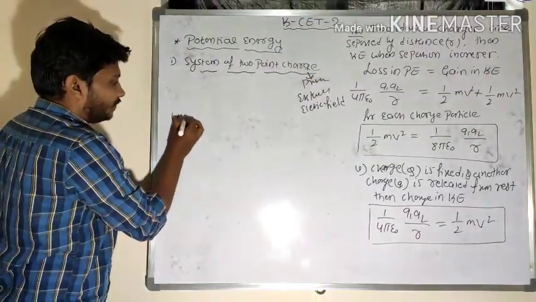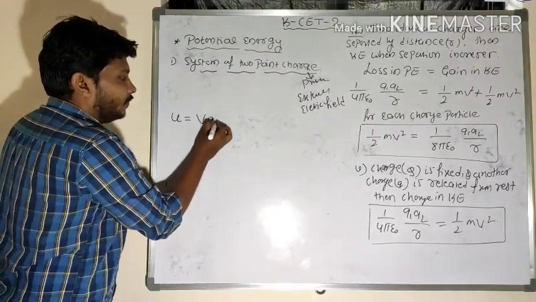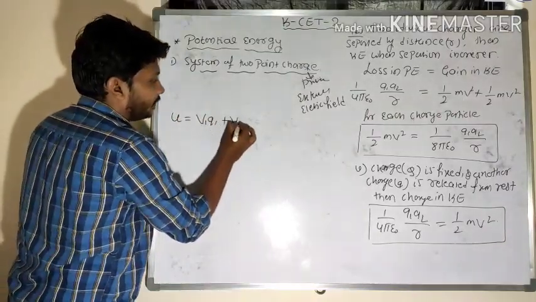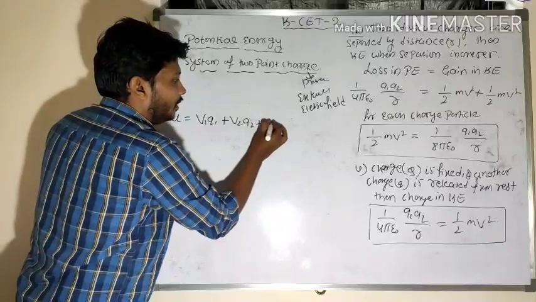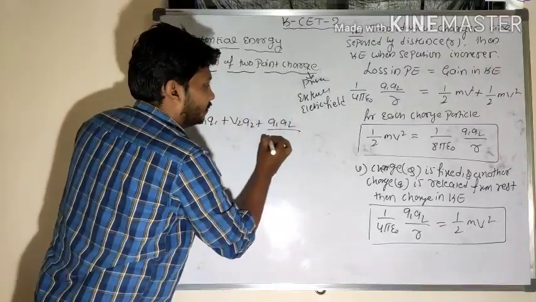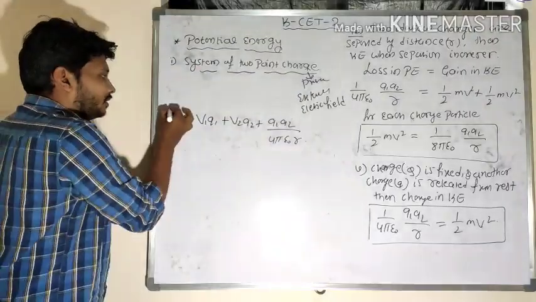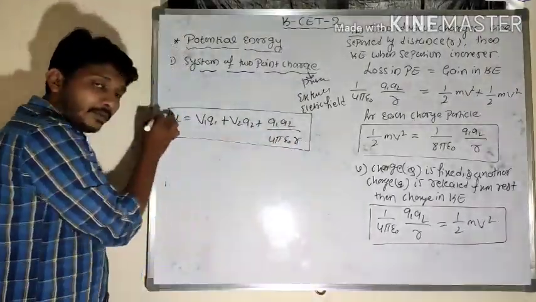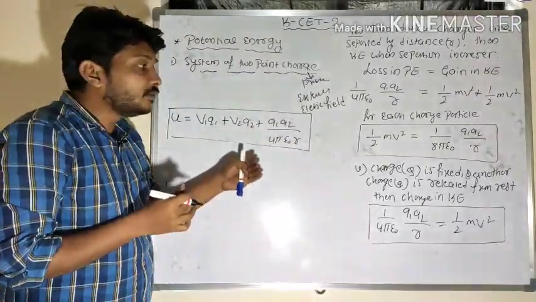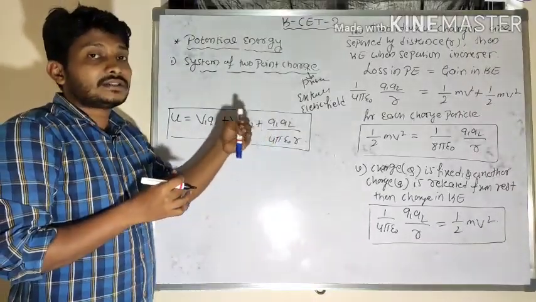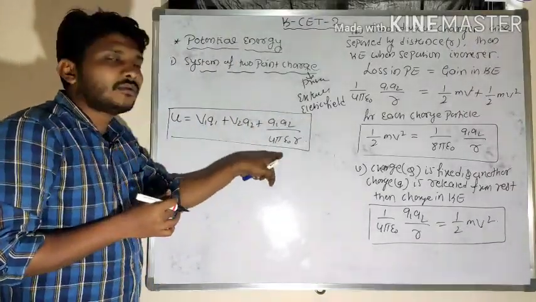In the presence of an external electric field, V1 into Q1 plus V2 into Q2 plus Q1 into Q2 divided by 4 pi epsilon naught into R. This is the required equation for the potential energy of a system of two point charges in the presence of an external electric field.